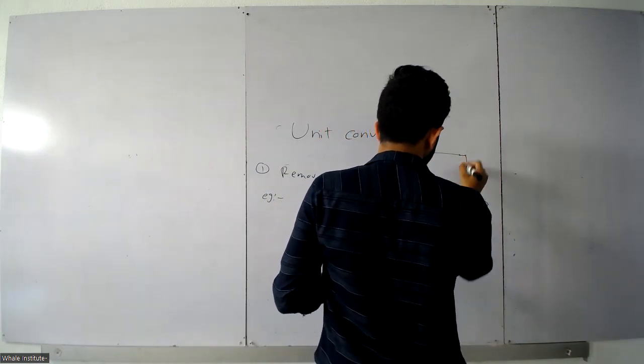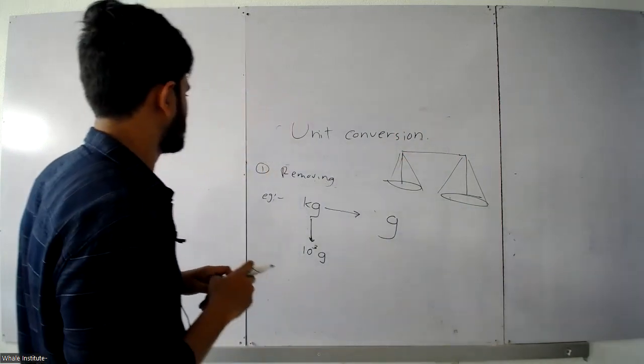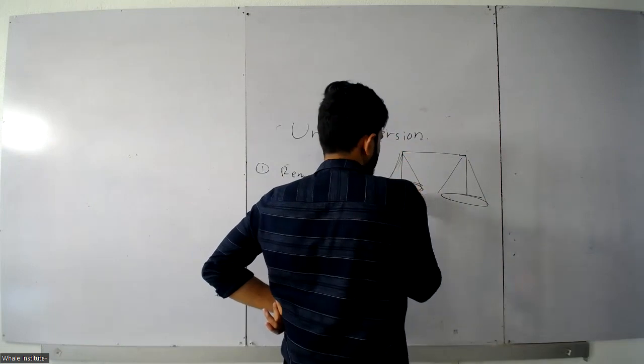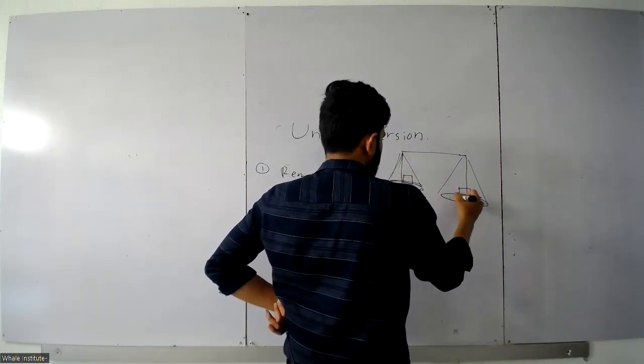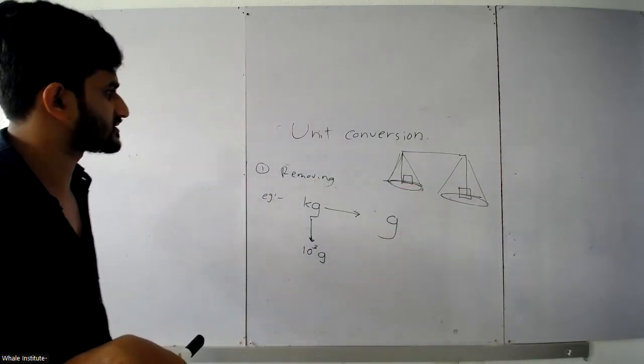So this is basically like a balance, right? Take a plate balance, there are plates on both sides. So between two plates we are doing some conversions. We are moving some weights between plates.